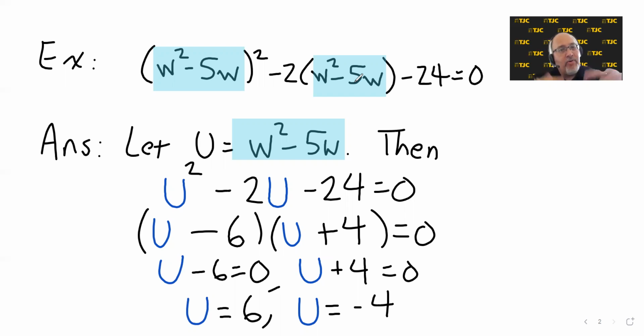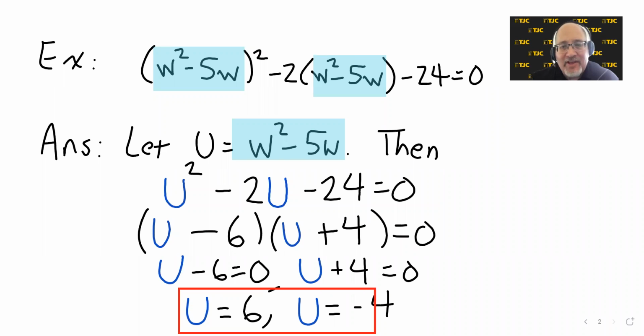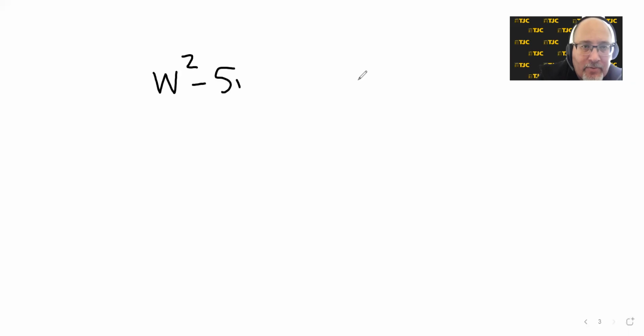We solve the easier equation. We know what u equals. Now we have to turn the u back into what it was holding the place of, which was w² − 5w. So on the next screen, I'm going to take these two equations and rewrite them where I change the u back to w² − 5w. So w² − 5w equals, and w² − 5w equals.